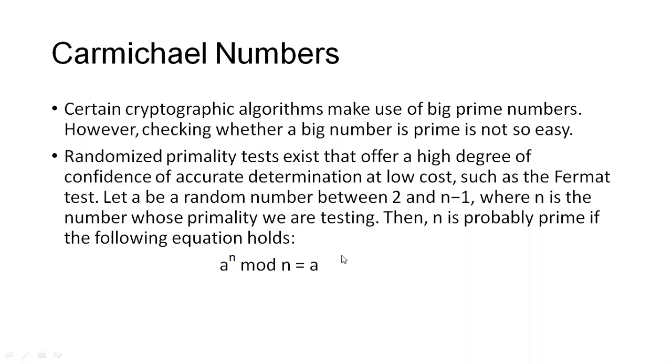So if any number is between 2 and n minus 1, and you put that value into this equation, a raised to n mod n is equal to a, then we can say it is a prime number.